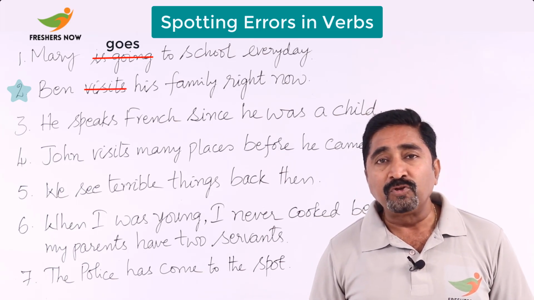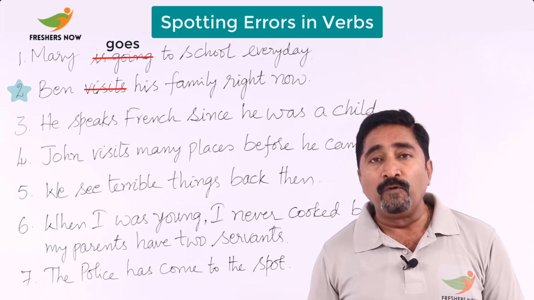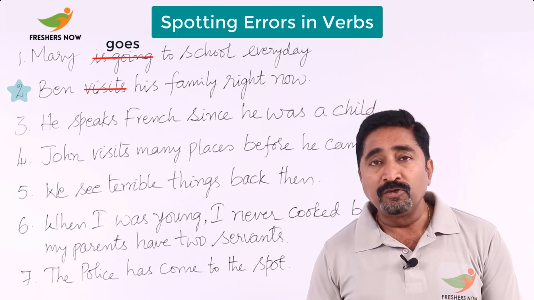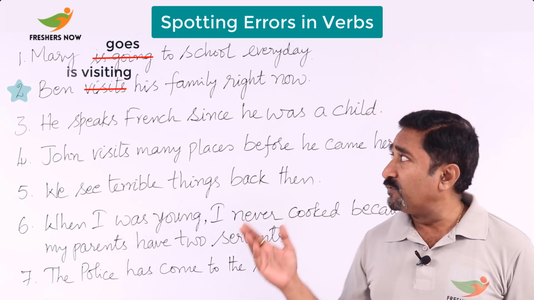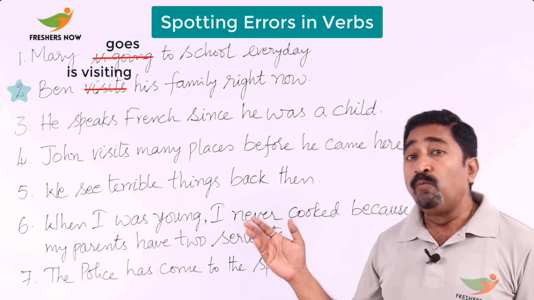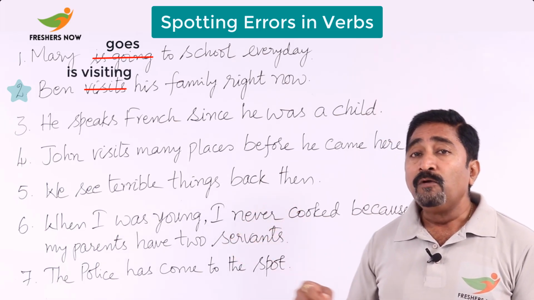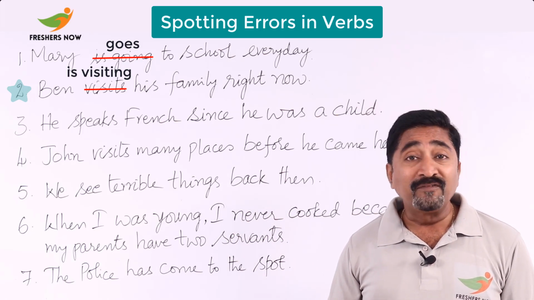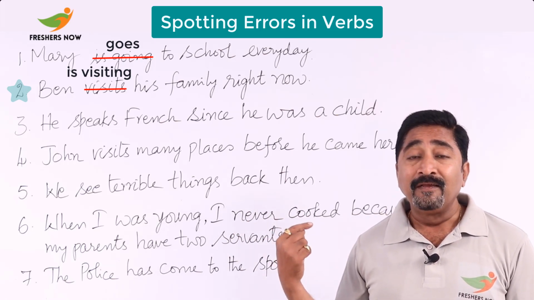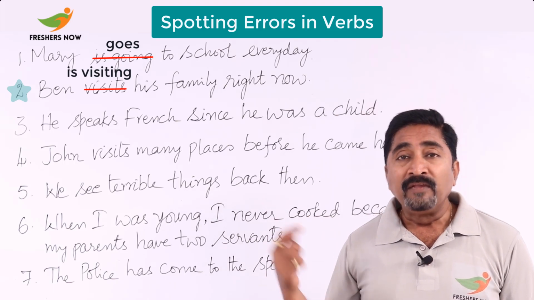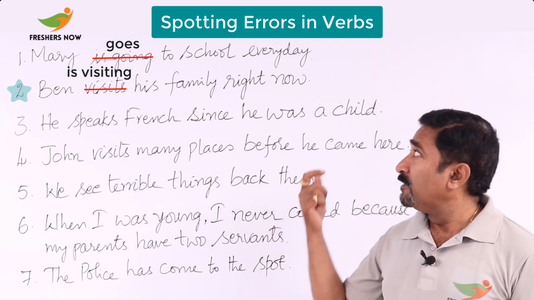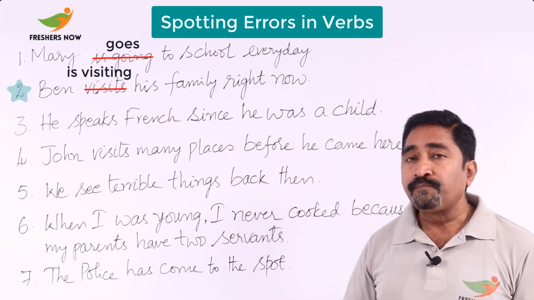In that case, we should use a continuous form by adding ing to the main verb. That is what we say. Ben is visiting his family right now. I could not say was visiting as it is mentioned now. So, is visiting his family right now.